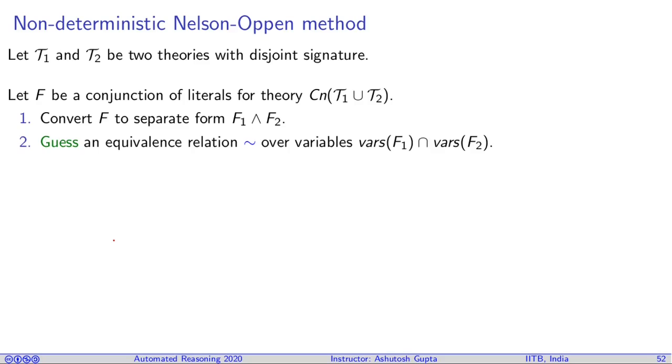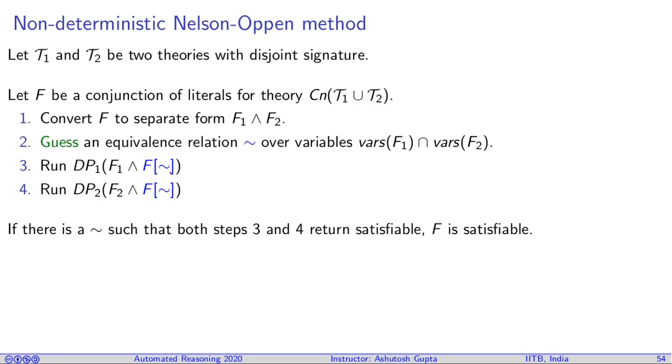Then guess an equivalence relation over the variables occurring in both F1 and F2, and run the decision procedure on F1 conjoined with this equivalence relation formula and on F2 conjoined with this equivalence relation formula.